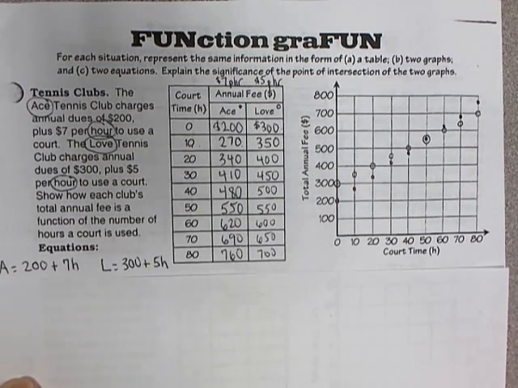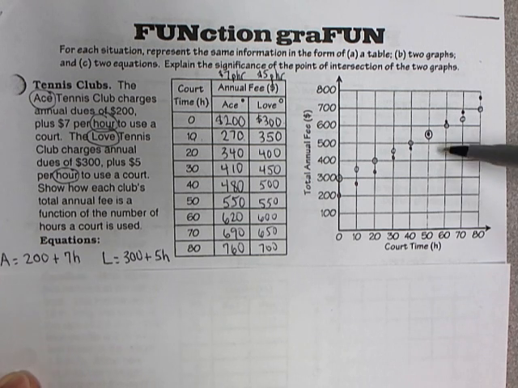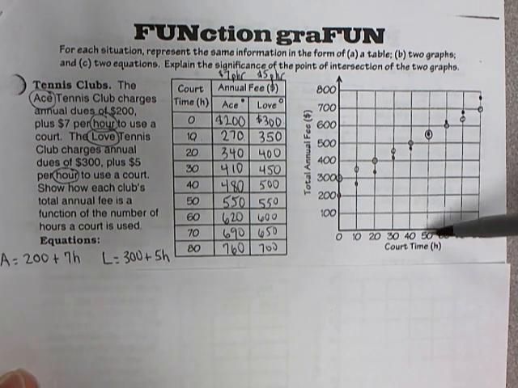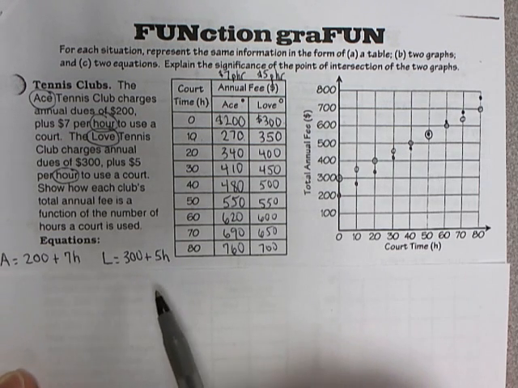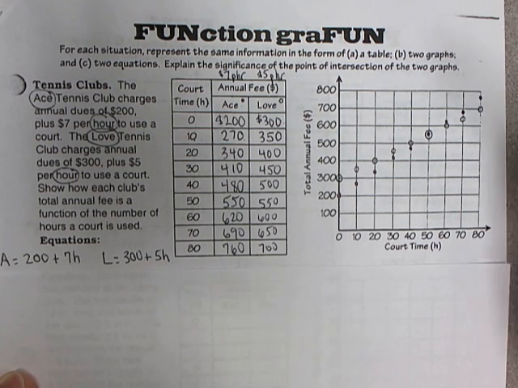So when you complete the table, you should see that at 50 hours of time, the cost is equal at ACE Tennis Club and Love Tennis Club. So if you plan on using the tennis courts in the span of a year for more than 50 hours, you're going to save money by signing up to Love Tennis Court, because their hourly court fee is less than ACE Tennis Court.